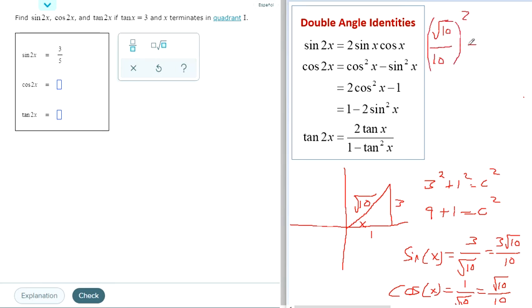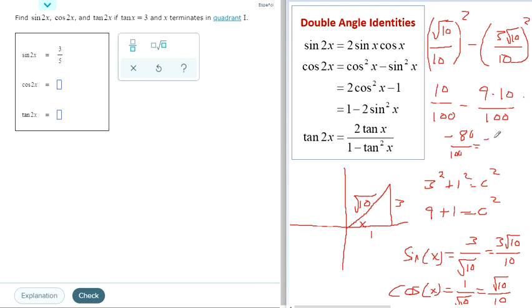And then sine of x squared, that would be 3 square roots of 10 over 10 squared. So if we square the top and the bottom, that's 10 over 100. And then this is going to be 9 times 10 over 100 when we square the top and the bottom. So we get 10 subtracted by 90. That's negative 80. There's days when the mental arithmetic comes easy, and there's days when it does not. So this is negative 4 over 5.